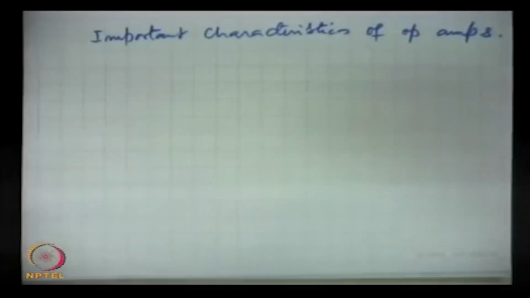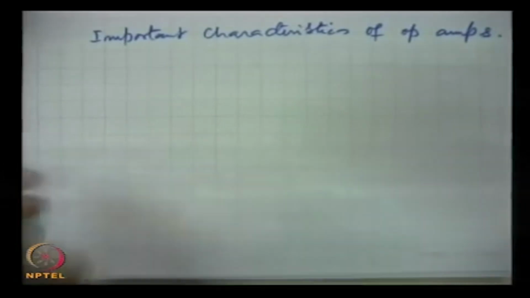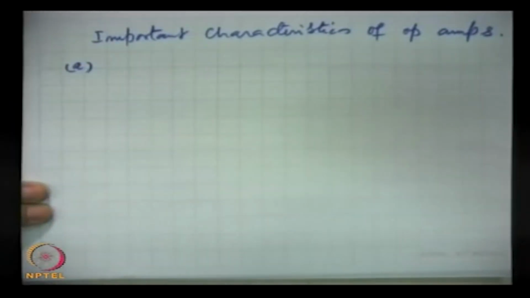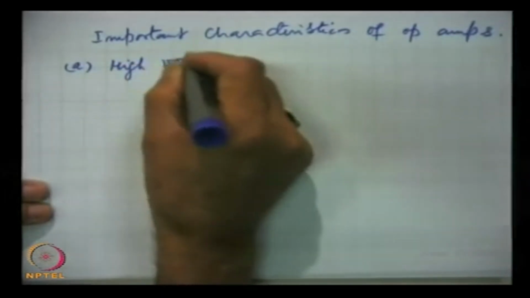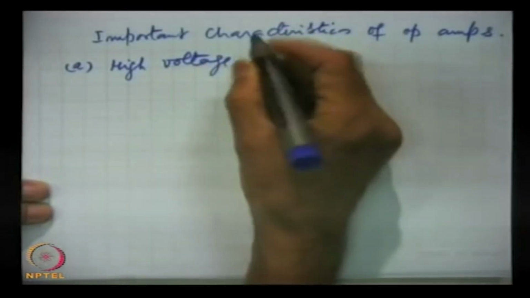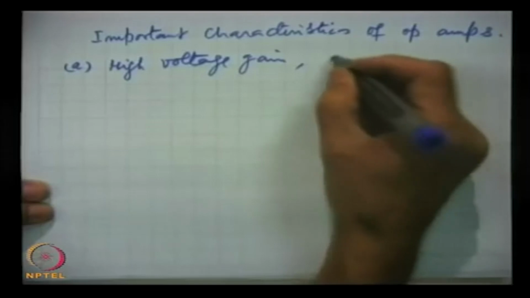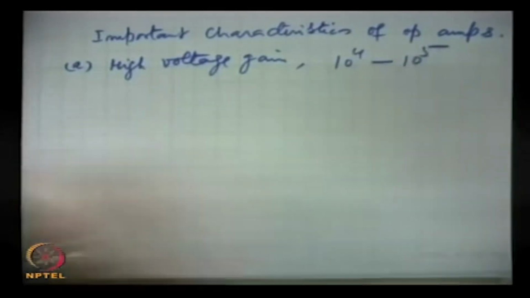This is just what I have made statements about already, but let me summarize. High voltage gain, with values 10 to power 4, 10 to power 5.